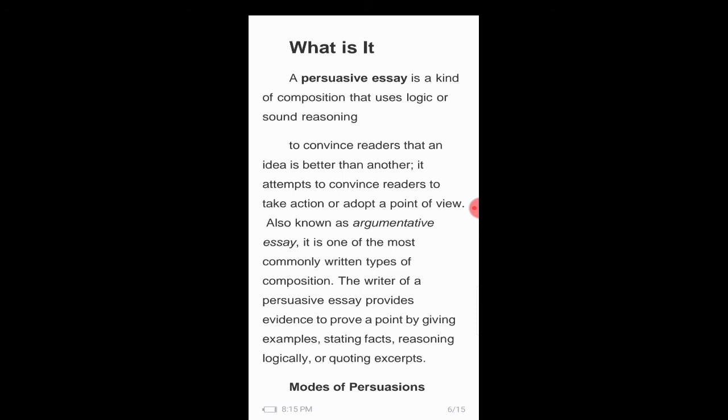Why? Because you need to prove a certain point so that your readers will be convinced of what you are stating. So what do you need? You need to give examples. You need to state facts so that it is much more believable, no? You must reason out logically, or use different excerpts or examples.